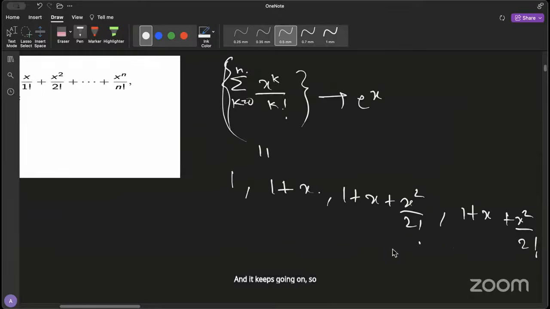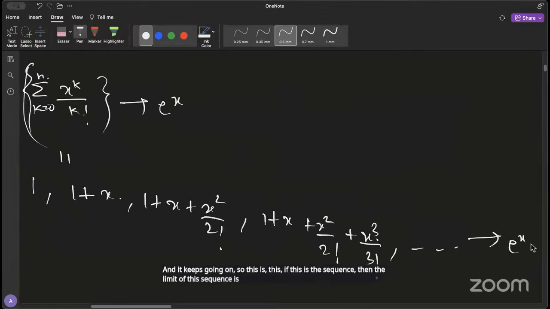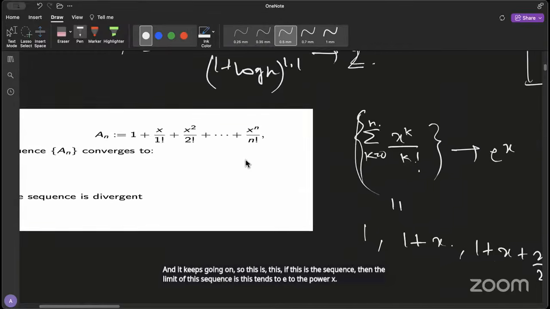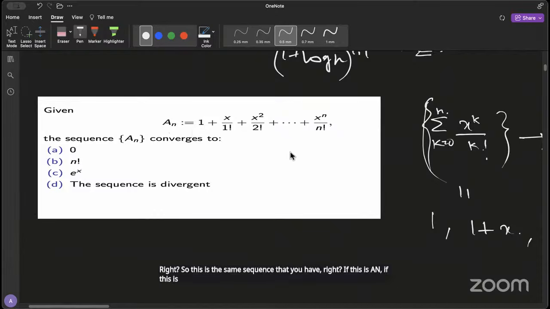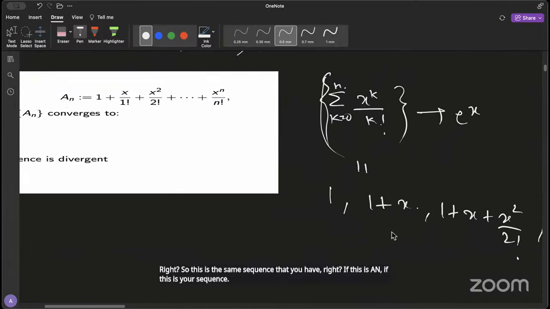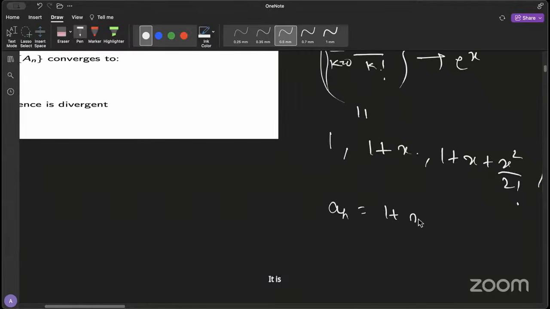So if this is the sequence, then the limit of this sequence tends to e to the power x, right? This is the same sequence that you have. If this is your sequence, what is the nth term of this sequence? It is 1 plus x. This is the first one, this is the second one.